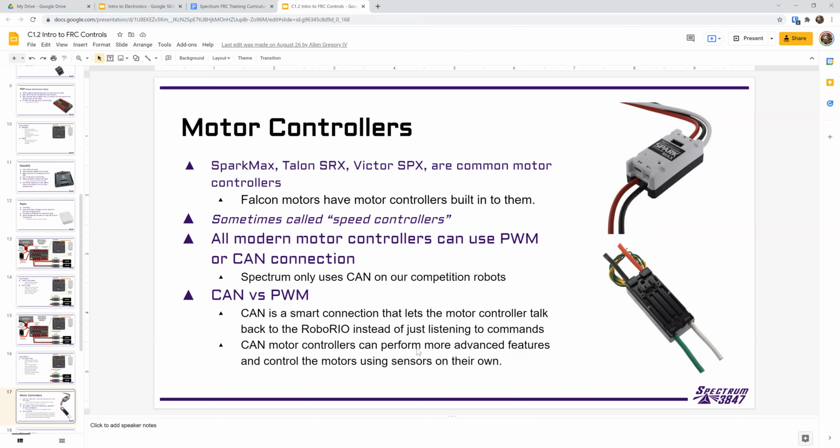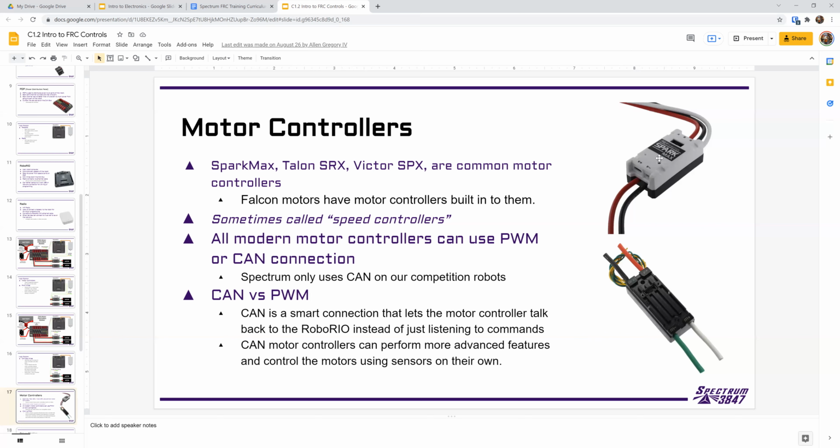There's a bunch of different motor controllers. You'll sometimes see them referred to as speed controllers. We almost always call them motor controllers. The ones that we use most often are going to be the Spark Max. And then we have a ton of Talon and Victor SPXs, but we are getting to a point where we're only going to really hopefully use brushless motors.